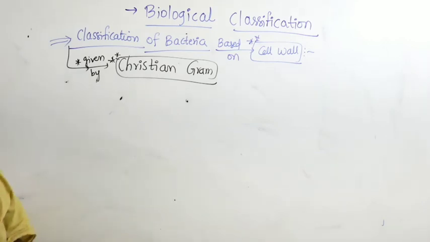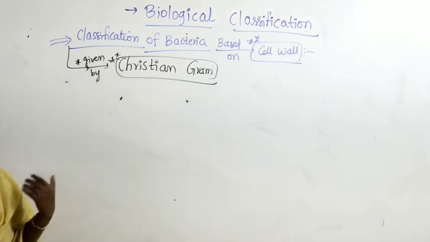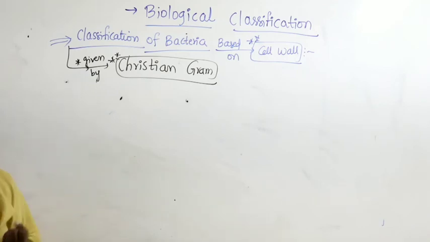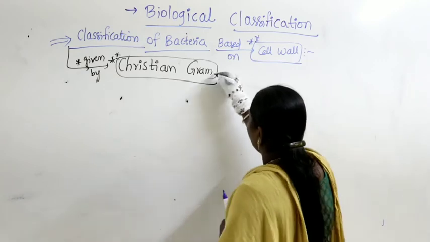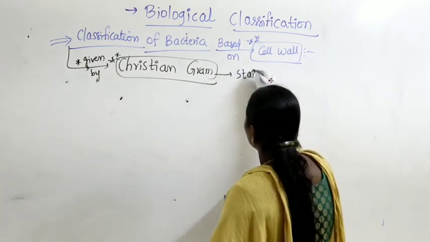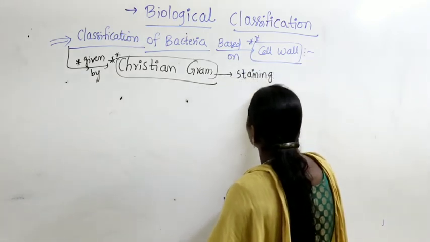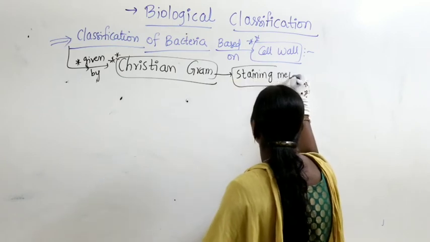When he gave the stain to the bacteria, some of the bacteria were able to absorb the stain, and some other bacteria could not take the stain. So he developed a method called the staining method.